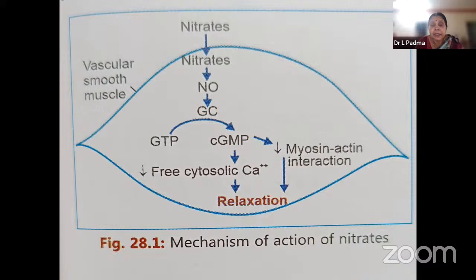Because either the demand is high or the supply is less, so there is coronary flow interference, where we should see to it that the coronaries are dilated and there is good flow to the whole of the myocardium. So you should choose a drug where there is very good flow both to the ischemic areas as well as non-ischemic areas. If one of them is down, then still the problem exists.